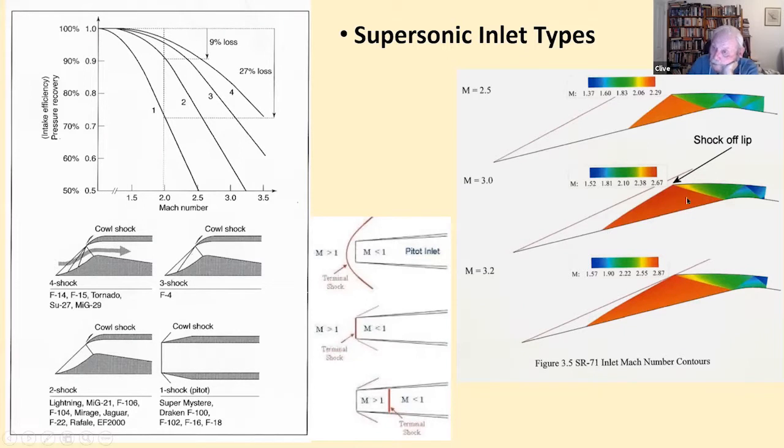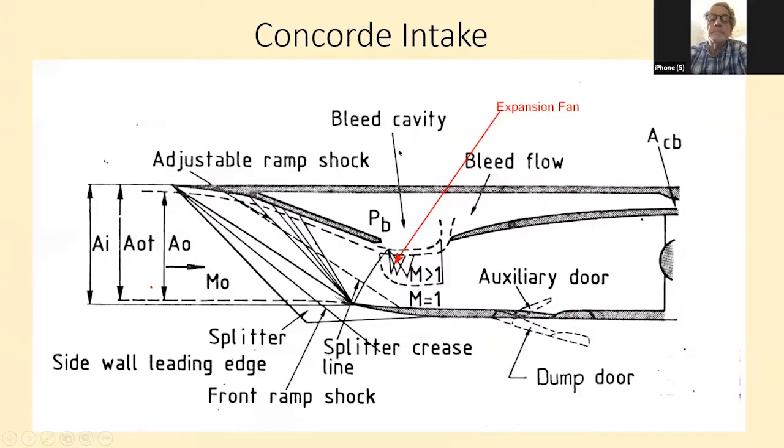This, for example, is the flow pattern on the SR-71, and the first shock, this is at Mach 3, not Mach 3.2, the first shock doesn't actually hit the cowl lip, so there is some compression outside and some compression inside. Concorde is a mixed compression intake, and it's actually quite a complicated one.